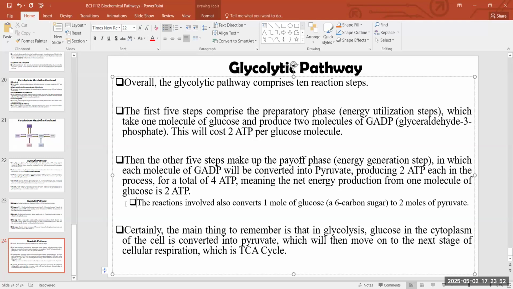And we learned that during that process, 4 molecules of ATP are produced. The net ATP generated throughout the glycolytic pathway is 2 ATP, because initially at the priming stage, or we may call it the energy utilization phase, 2 molecules of ATP were consumed.